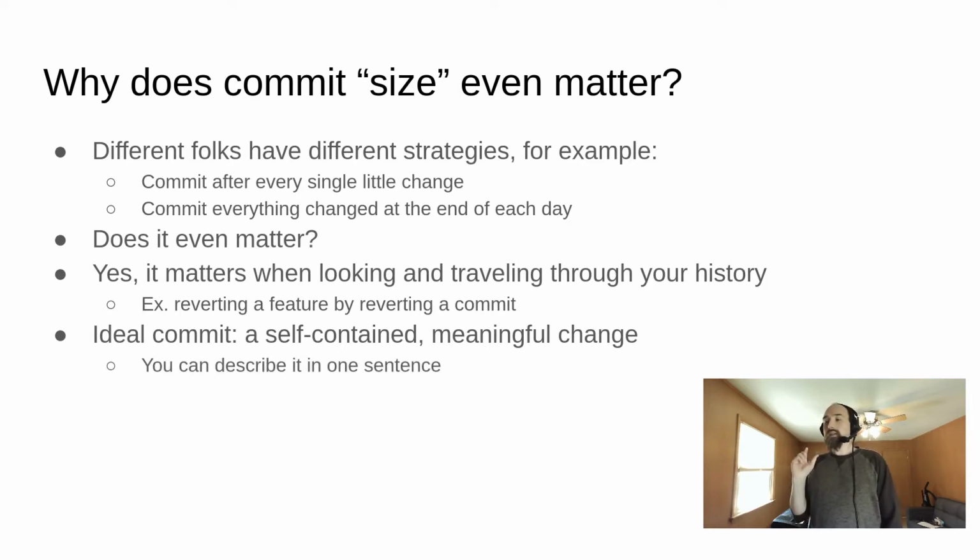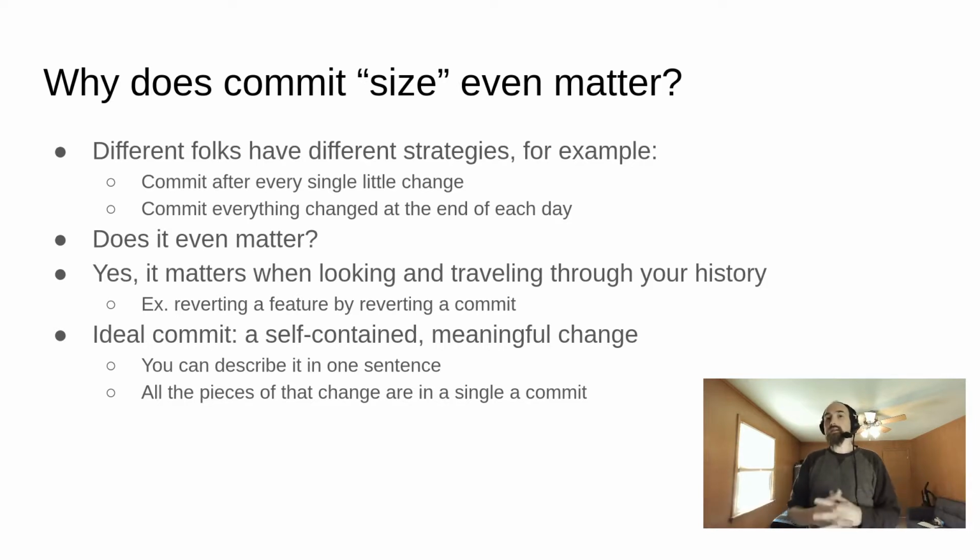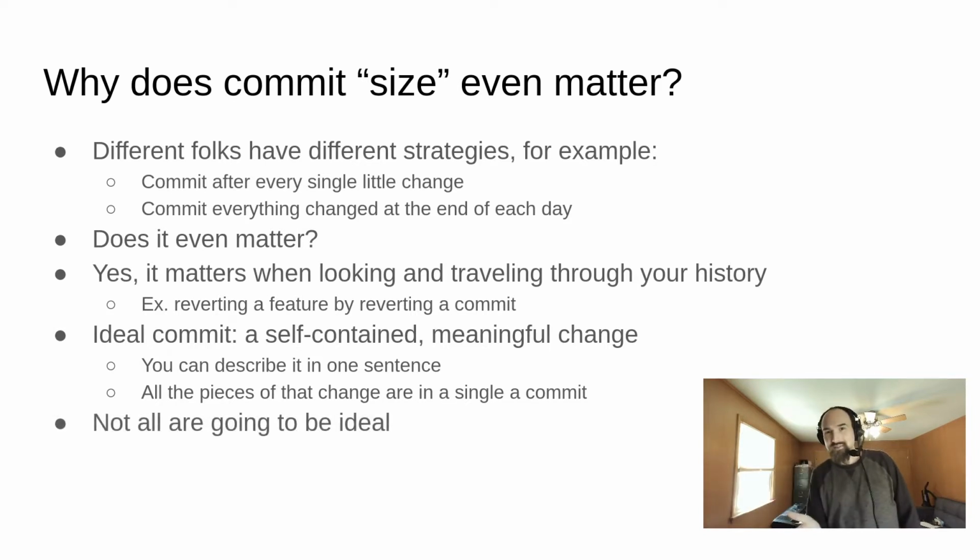If you can describe it in one sentence, that protects you from making a huge sprawling commit where you need to have a whole list of changes that you made. And if all of the pieces of that change are contained within a single commit, this prevents you from committing every little change, to try and make the whole feature exist in a single commit. Now, not all commits are going to be ideal.